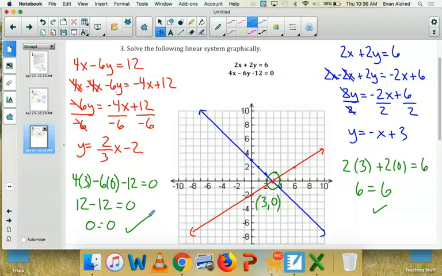Identify the intersection point. That will be the solution to your linear system. The horizontal coordinate will correspond with x, or whatever variable you've put on the horizontal axis. The vertical coordinate will correspond with y, or whatever variable you've put on the vertical axis. Once you have your solution, you check it with both of the original equations, and that will confirm that your work is accurate.